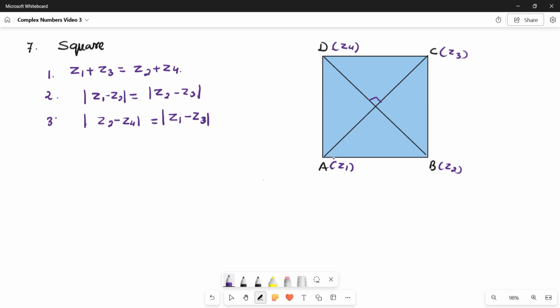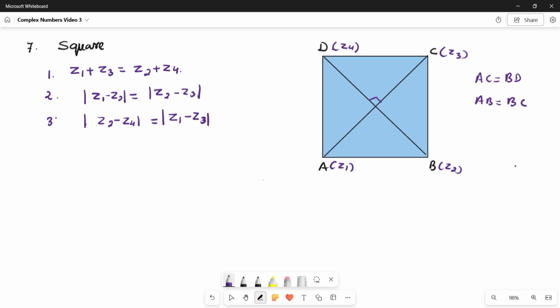Z1 minus Z3, means AC is equal to BD. These lengths are equal, means AB is equal to BC.